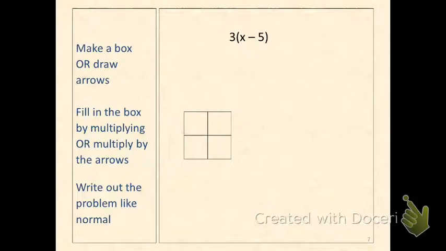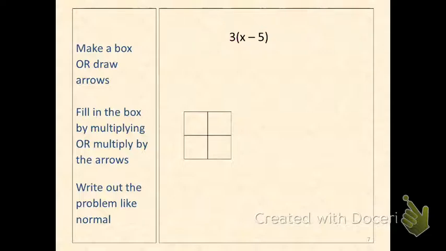Okay, so let's look at this example right here. We've got 3 times the quantity x minus 5. Basically, what we're going to have to do is multiply this 3 times everything in here.